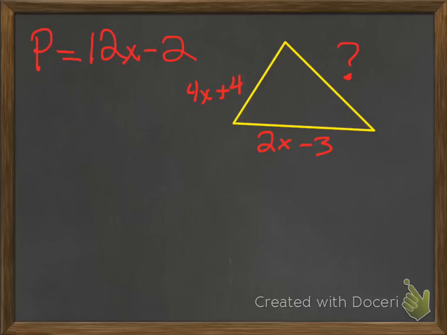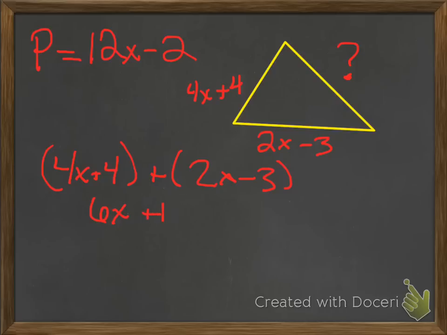If we don't know that side, we're going to take the 4x plus 4, and to that we're going to add 2x minus 3. When you add those together, you get 4x plus 2x, which is 6x, and 4 minus 3 is 1. So 6x plus 1 is the sum of those two sides.